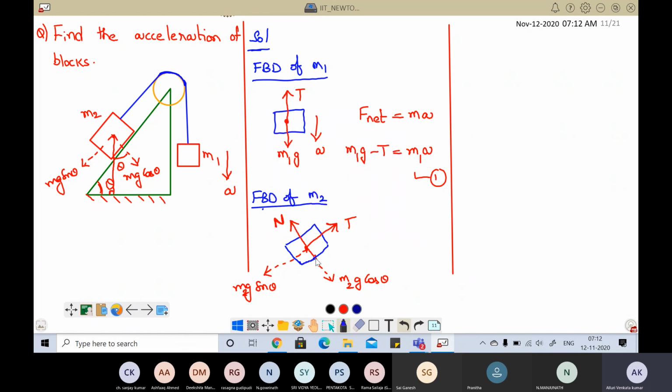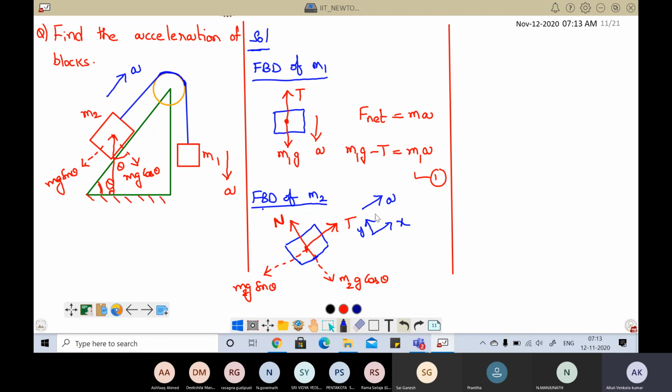Now when M1 goes downward, the M2 block will go upwards along the inclined plane, so its direction of acceleration is this one. This is called the x-axis and this is called the y-axis.